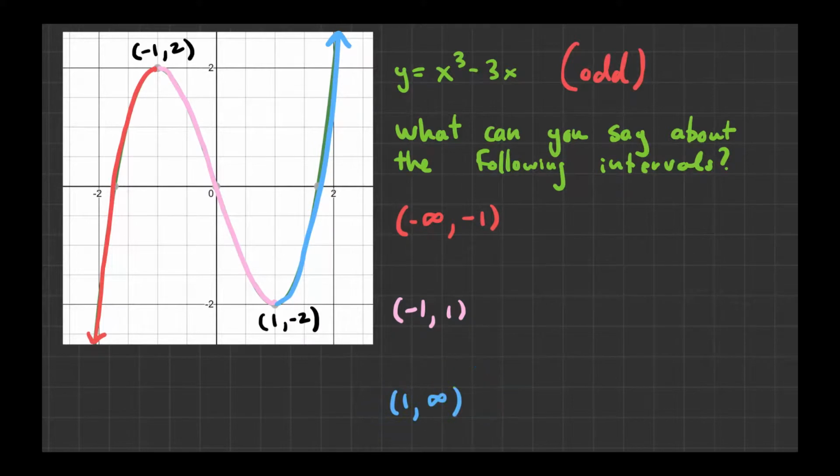Yeah, I even color coded it. So any suggestions for the first one, in this first red interval from negative infinity up to negative 1? Could we describe what's happening generally with the graph?